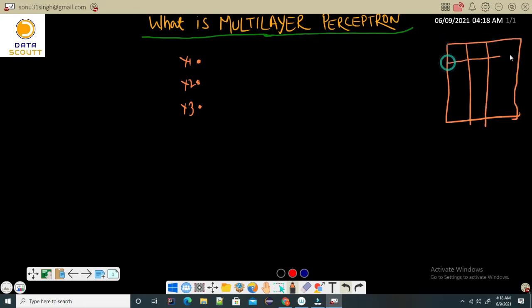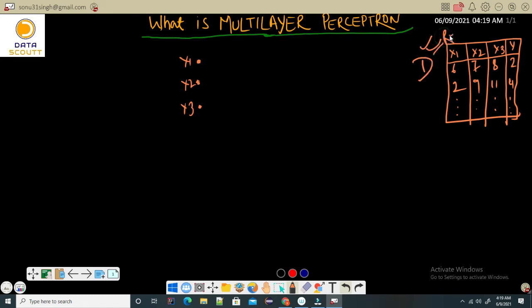So if I say this is x1, this is x2, this is x3, and this is y, and the values are 6, 7, 8, and this falls to 2, this is 2, 9, 11, this becomes 4, and so on. So this is the data set D, a real data set.